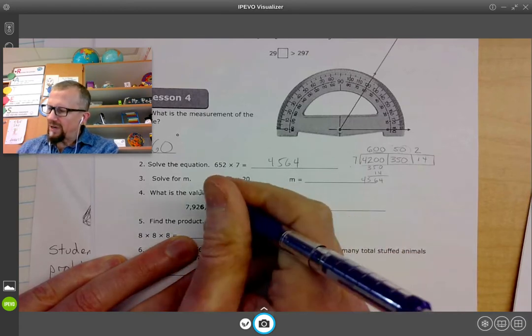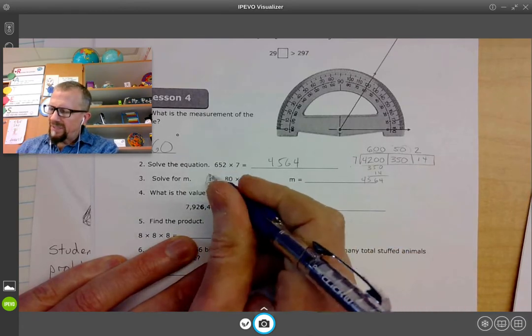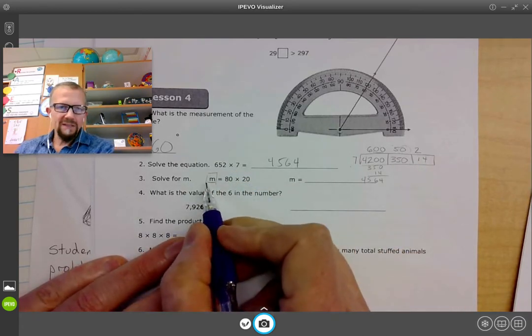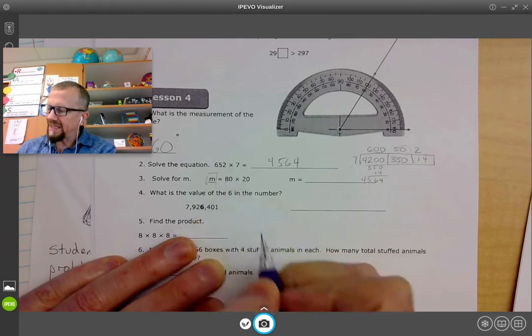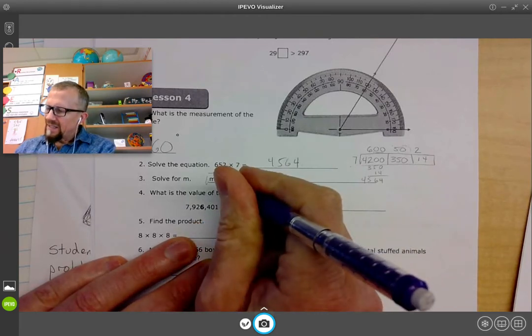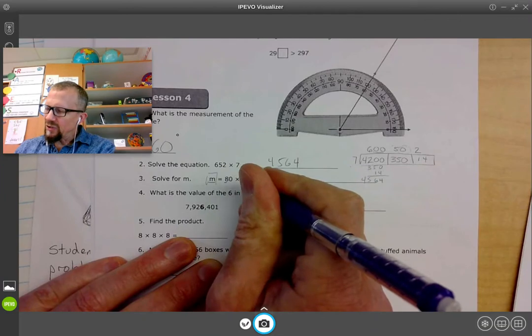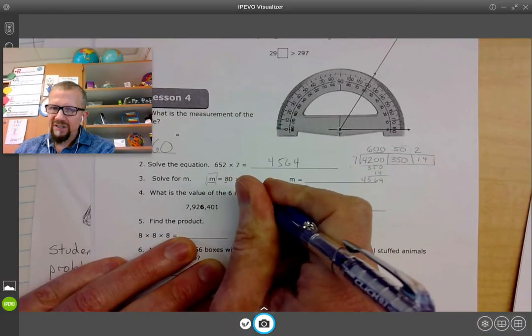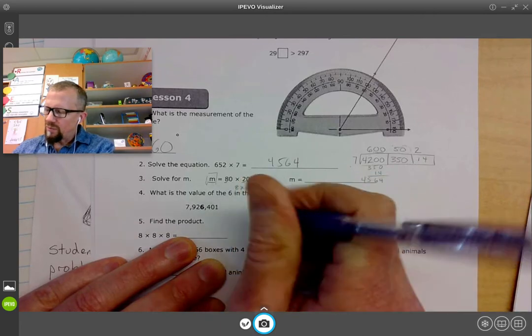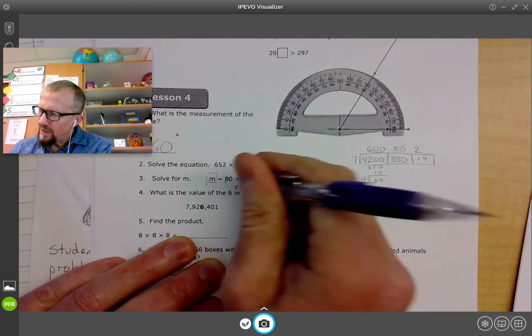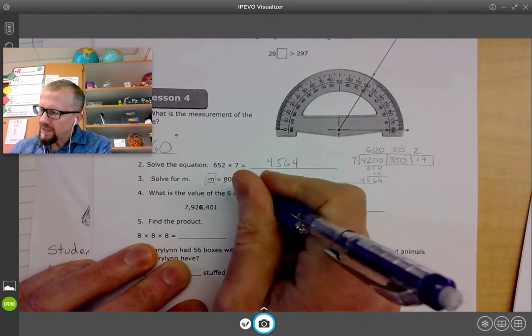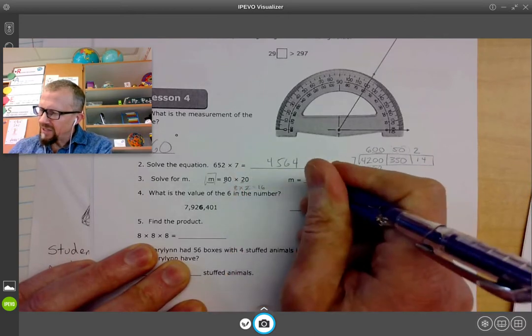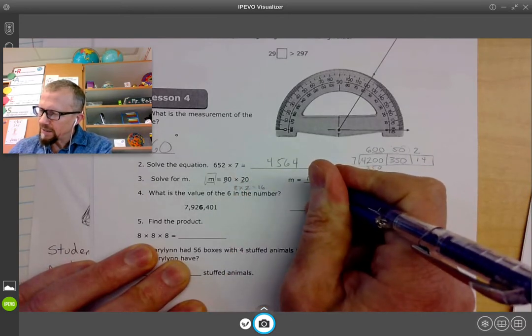Solve for m. Remember, m is just some missing number. It might be a box. So we have 80 times 20. So we have 8 tens times 2 tens. So 8 times 2, whoops, I wrote 12. 8 times 2 is 16. So I know there's a 16.